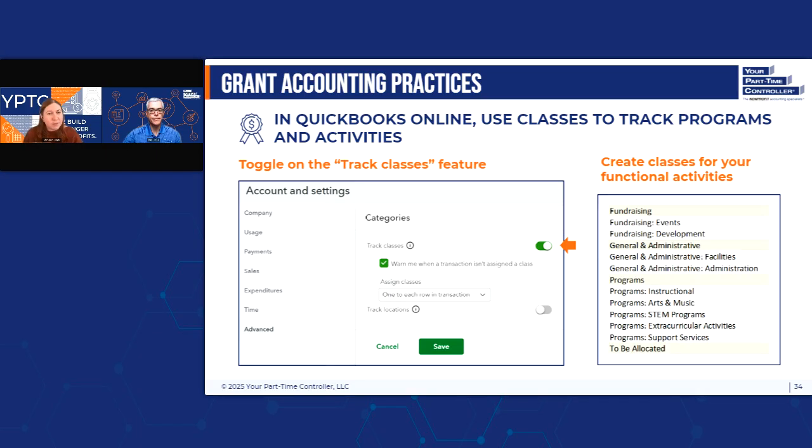If your nonprofit has membership, add a class for that. Within each header class, create subclasses for your major programs and activities. So again, instead of creating an account for every program or function that you have, use a class for those. Your chart of accounts will stay clean, and it's very easy to run combined or class level reports.